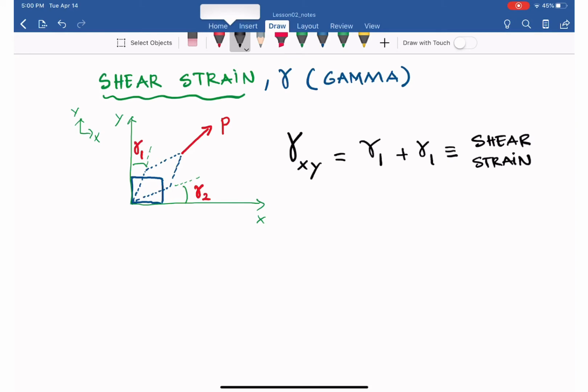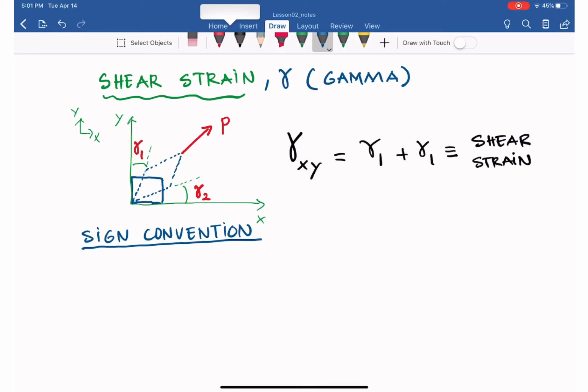So you can see we need to have some sign convention, positive, negative, just like the force, right? So let's talk about the sign convention for shear strain. When theta decreases, then gamma will be positive.